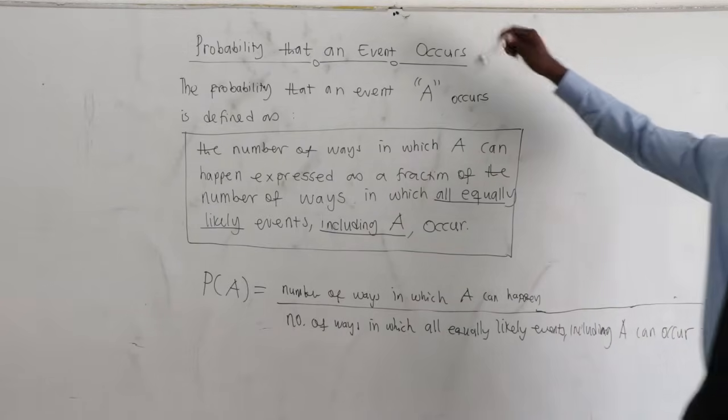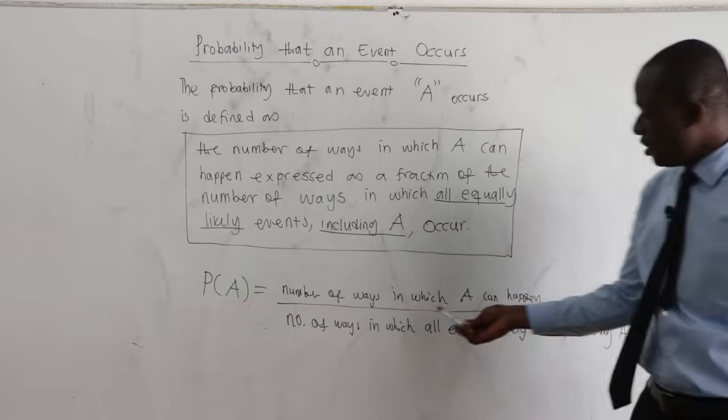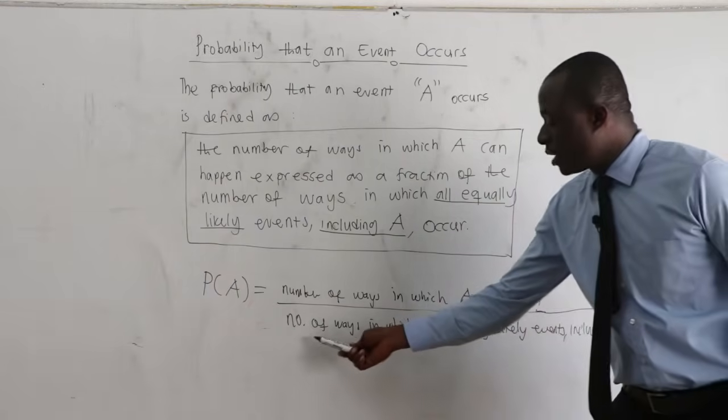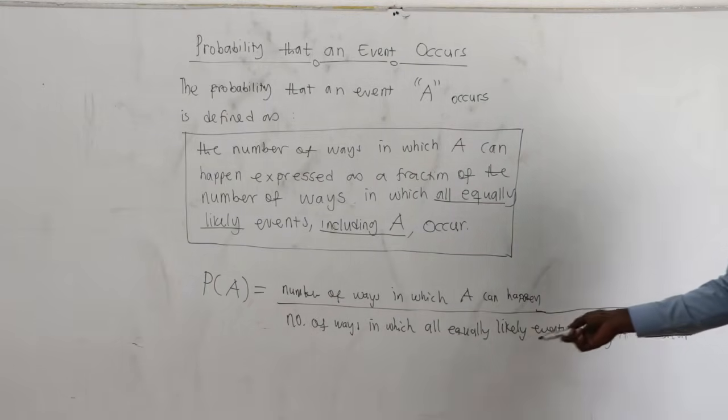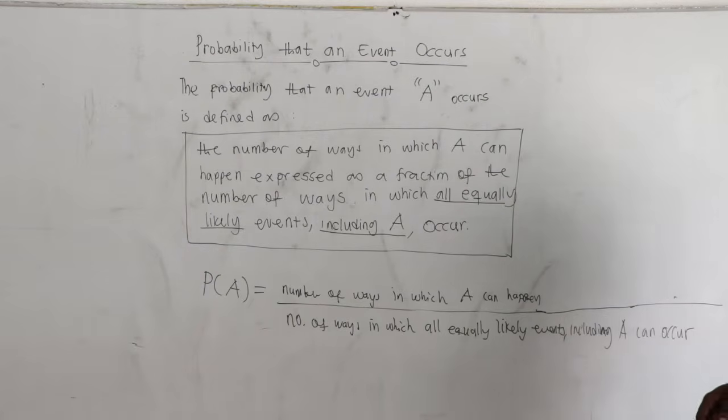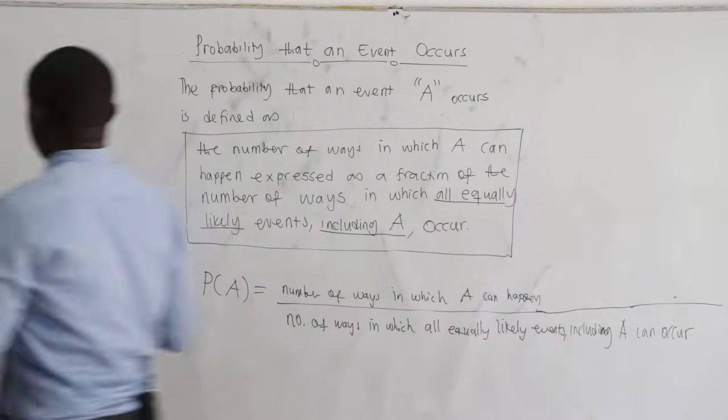That's the probability that an event A would happen.